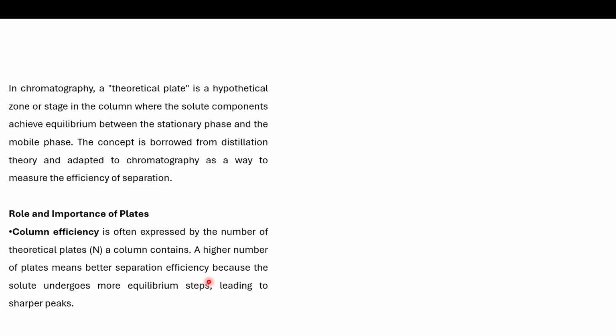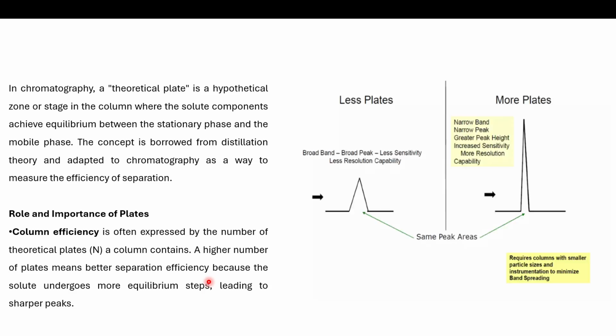Okay, the separation of each of the solutes in the sample mixture will be sharper and more distinct from each other. Okay, so this is what is here. If there are more plates, a sharper peak will be there. If there are fewer plates, a broader peak will be there and less resolution will be there. Okay.